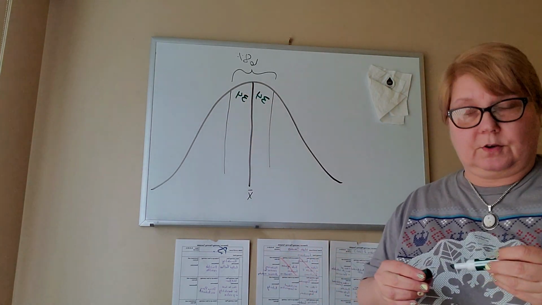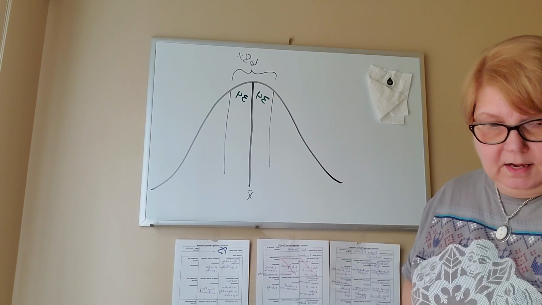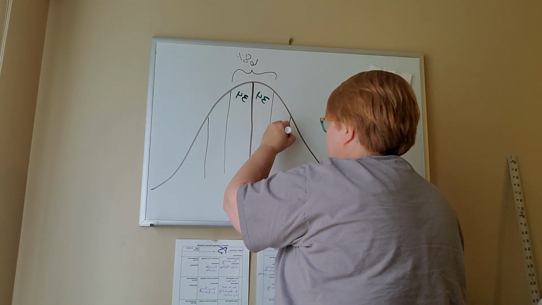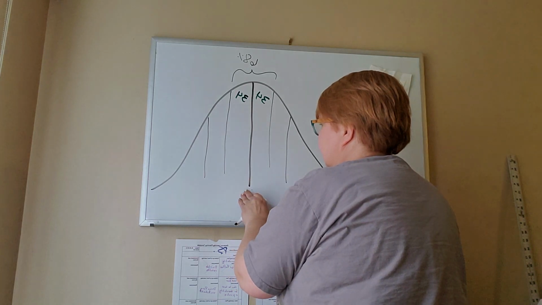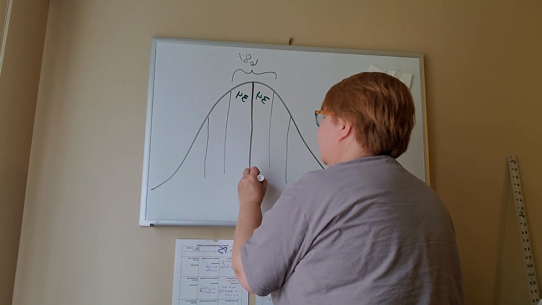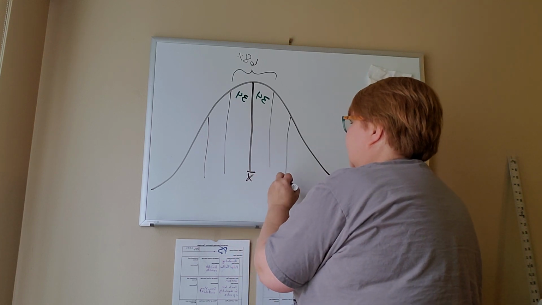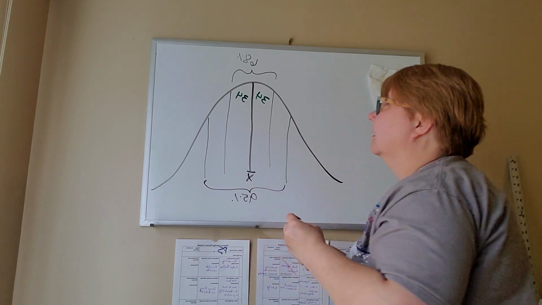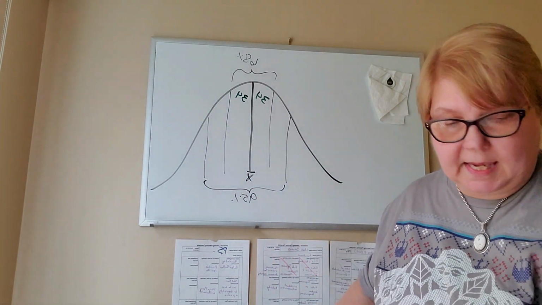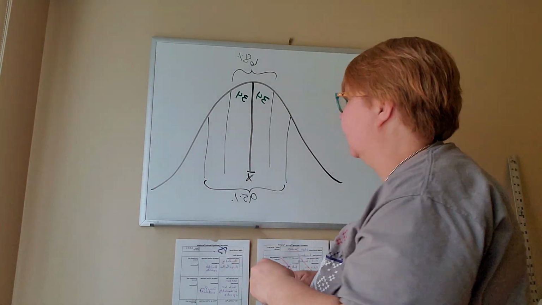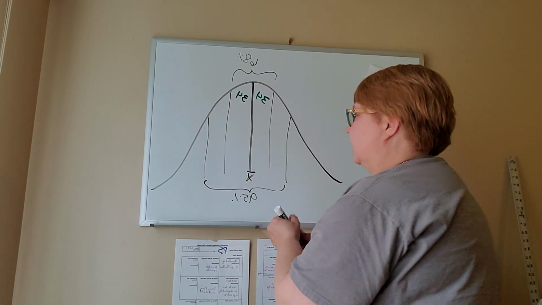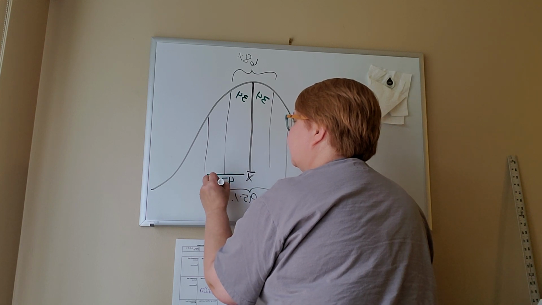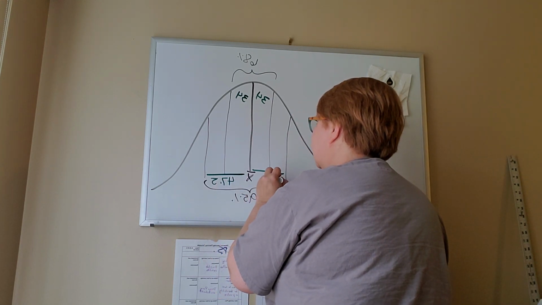Then for two standard deviations, there's 95 in this space, so I take 95 divided by 2, which means in this space is 47.5, and in this space is 47.5.